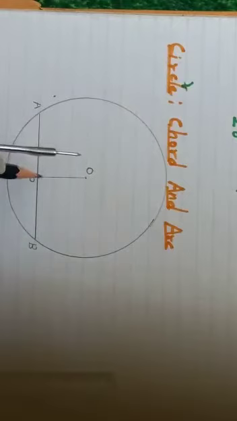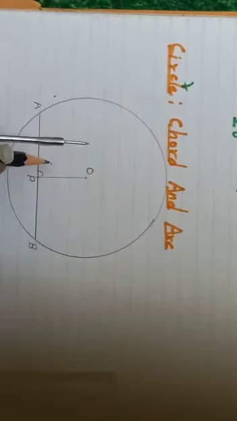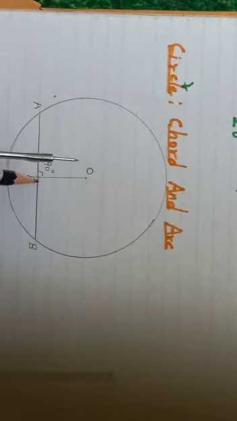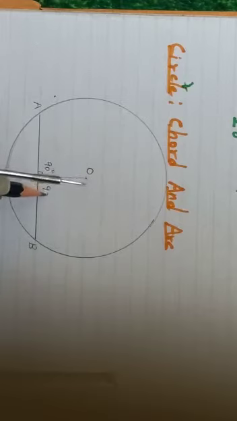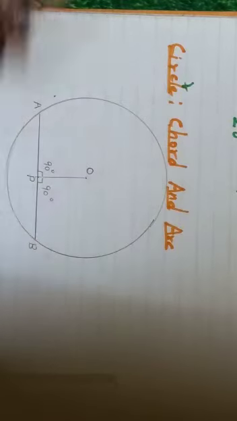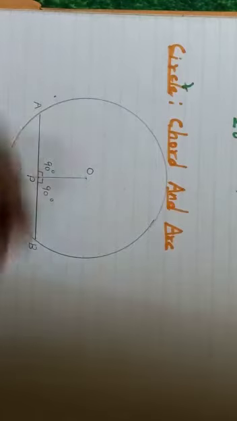So what we can say, that if I am drawing like this, what the property says, check, we have checked that these two angles are right angles. So we can write measure angle APO is 90 degree and measure angle OPB is 90 degree. So what they said, checked whether they are right angles. Yes, they are right angles.